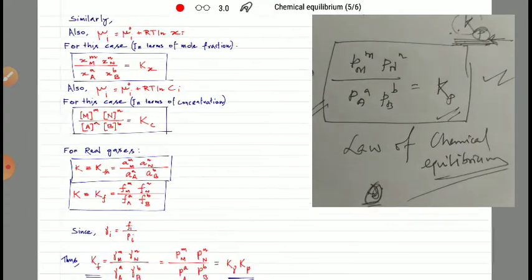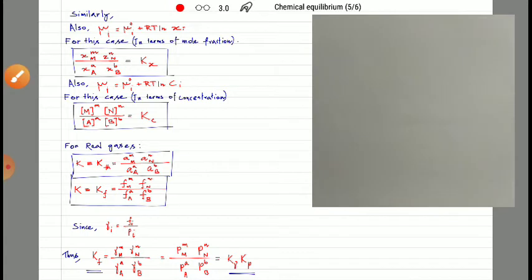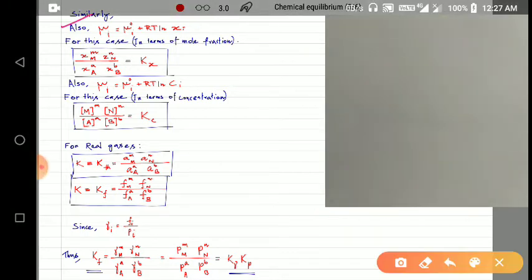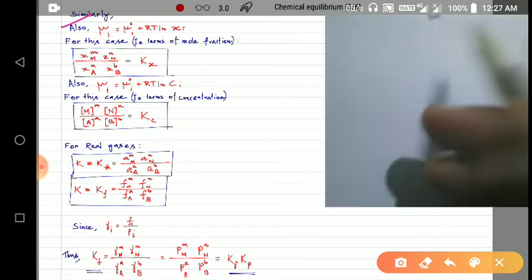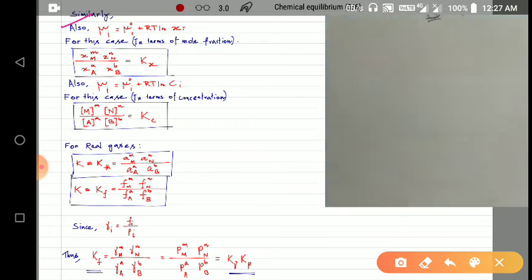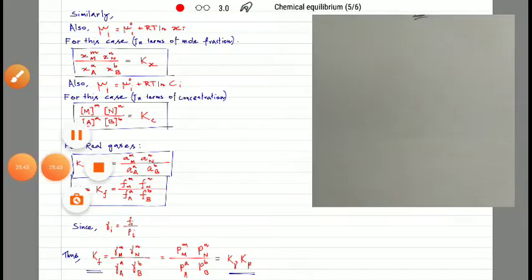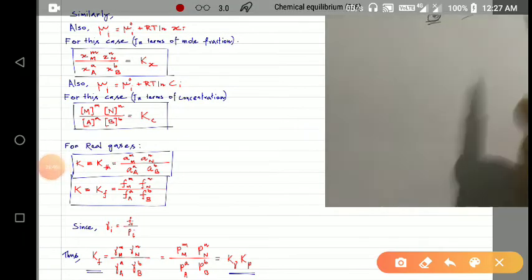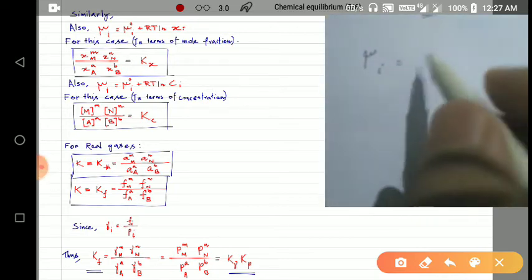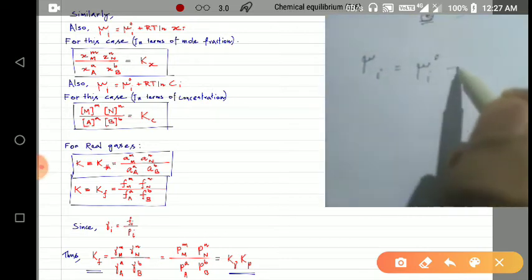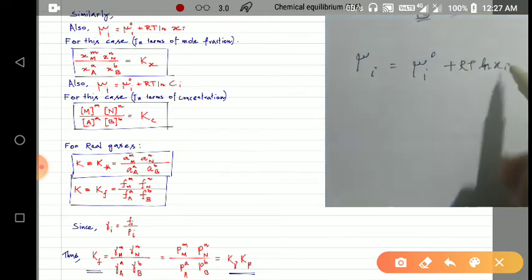Similarly, mu i is equal to mu i naught plus RT ln xi.